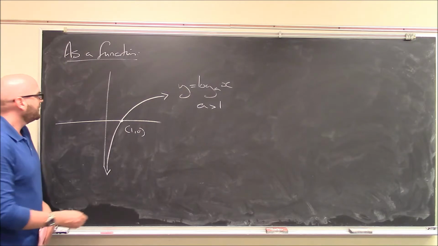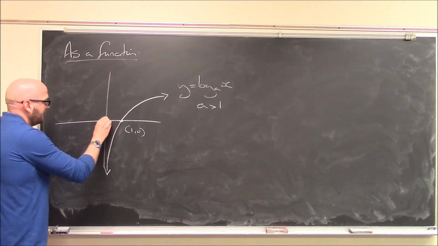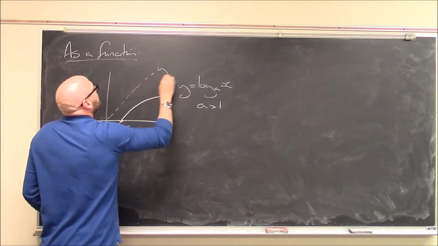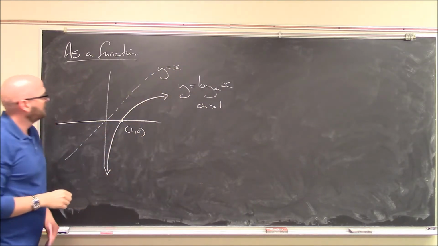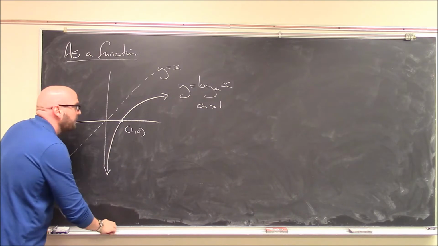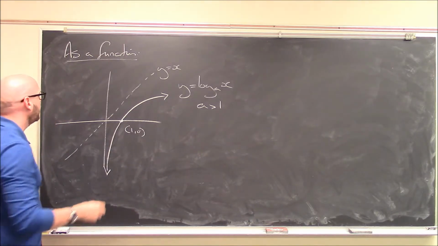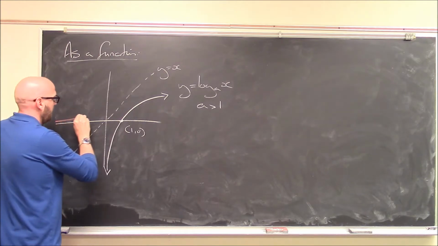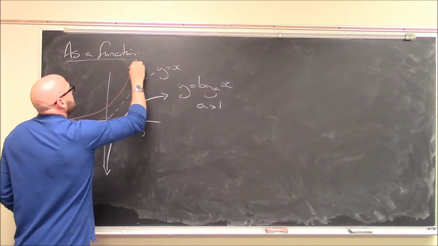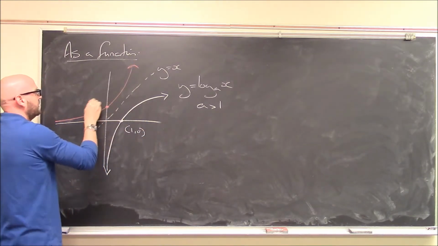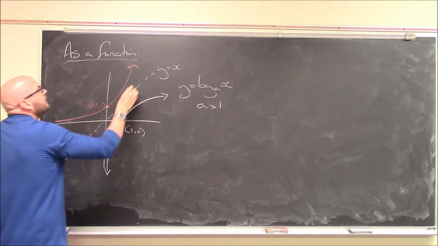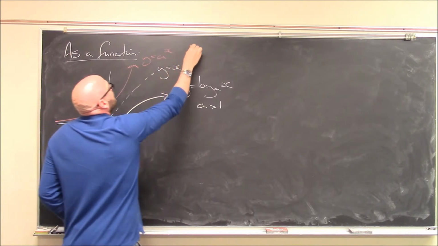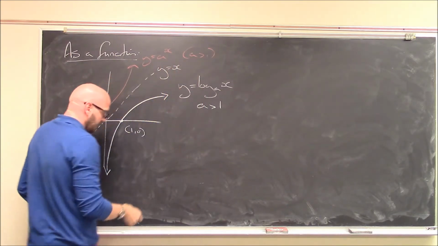And I'll show you something interesting about this graph. If I pretend this dotted line is y equals x, then this graph of y equals log to the base a of x is in fact just a reflection of y equals a to the x, where we're looking at the a bigger than 1 case.